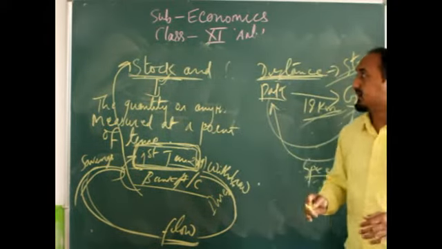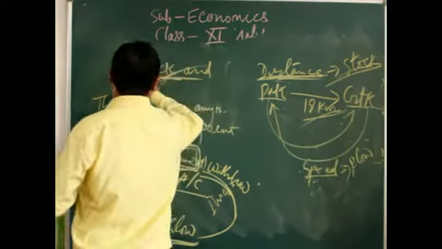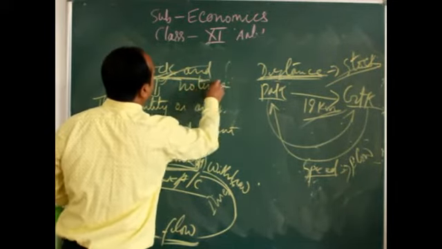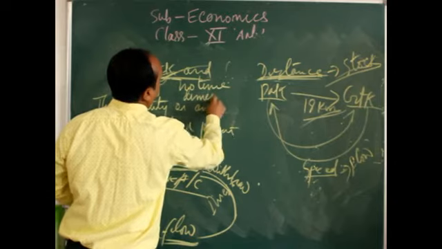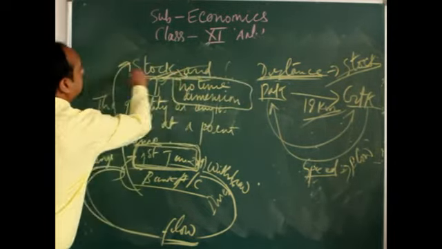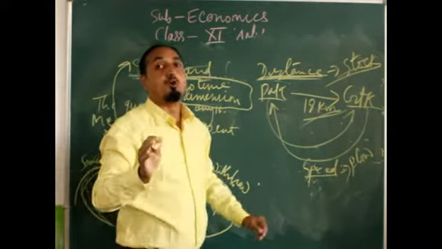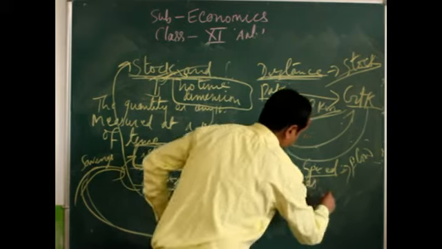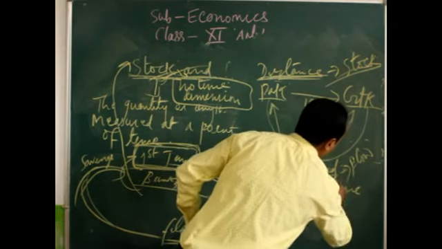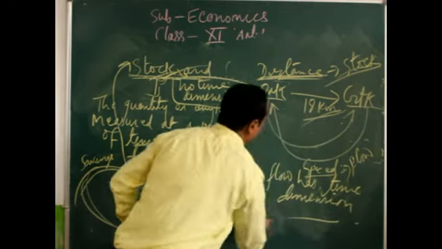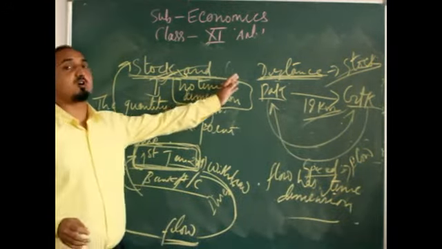So we can say that stock has no time dimension, whereas flow has a time dimension. This is the difference between stock and flow.